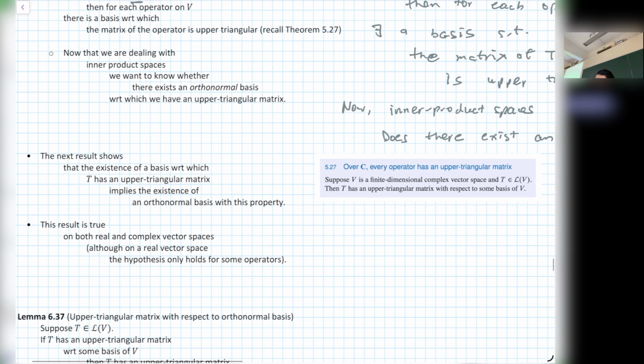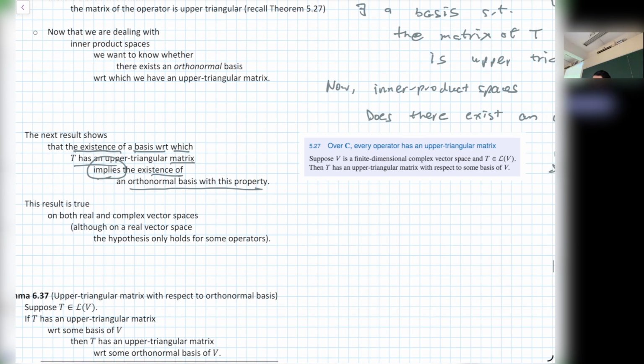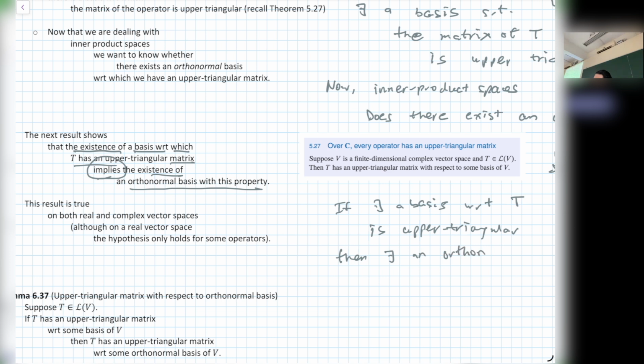The next result is going to show that the existence of a basis with respect to which T has an upper triangular matrix implies the existence of an orthonormal basis with the same property. So if there exists a basis with respect to which T is upper triangular, then there exists an orthonormal basis as well with the same property.